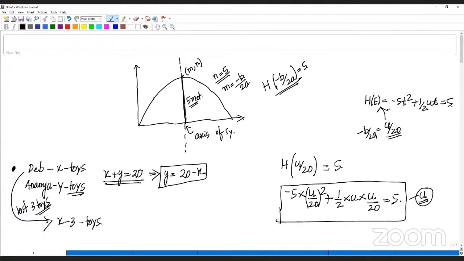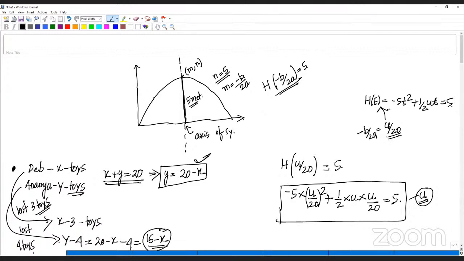And Ananya lost 4 toys, that means now Ananya has y minus 4 toys, right? We know the value of y in terms of x. This is same as 20 minus x minus 4, which is 16 minus x.